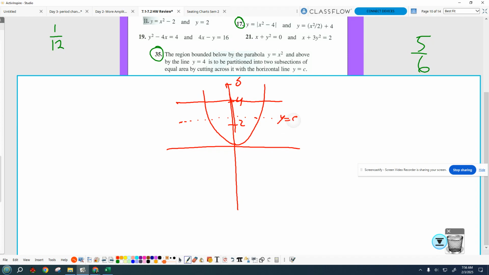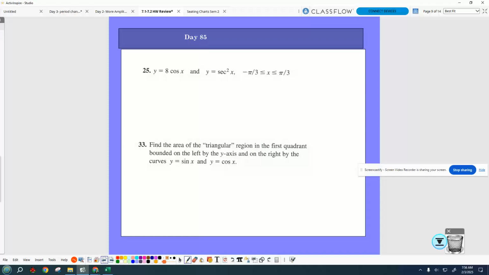Okay, so the problem says you have a parabola and y equals 4, and there's going to be some horizontal line that slices that area exactly into half.